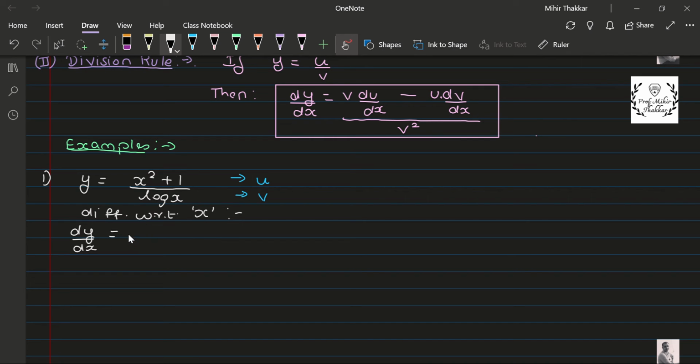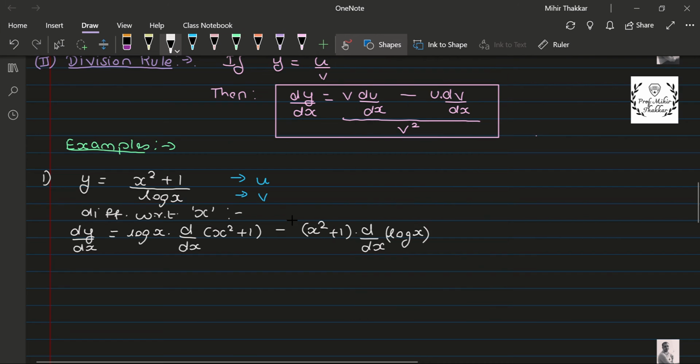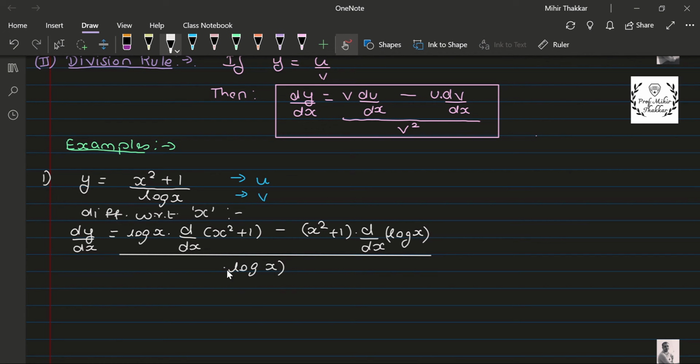So let us substitute: log x into derivative of x square plus 1 minus x square plus 1 into derivative of log x, and whole upon v square. So I will get over here log x the whole square.